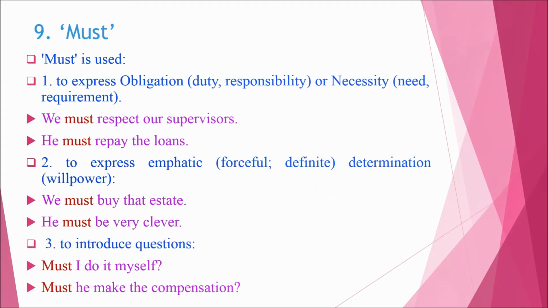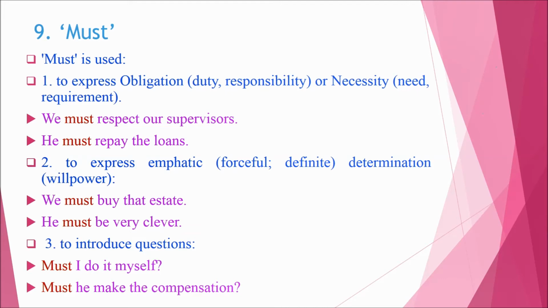Next, we are going to see must. Must is used to express obligation or necessity. What is meant by obligation? Obligation means duty or responsibility. Necessity means need or requirement.